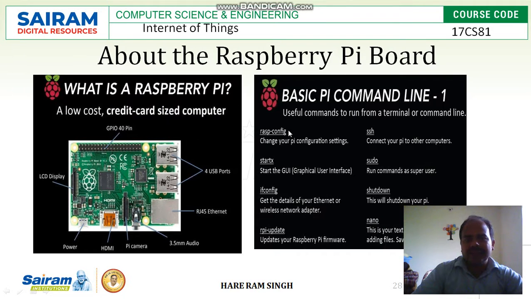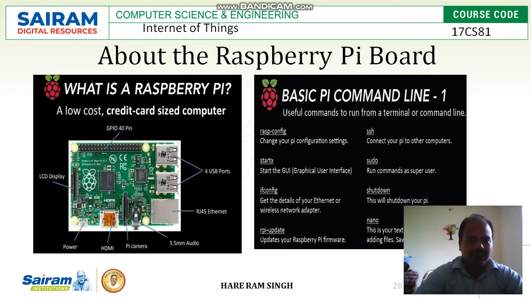So this is a small size computing device which has made computing very easy. Now we can use it for programming purposes or any computing purpose, or text writing, essay writing, and so many things.